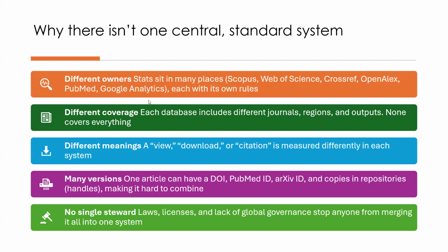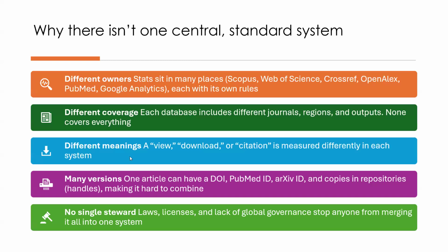Each has its own owner with its own rules. So none of them measure the same thing. Each one includes different journals, regions, and outputs. None covers everything. And I've heard many times that Web of Science do not favor journals from the global south.